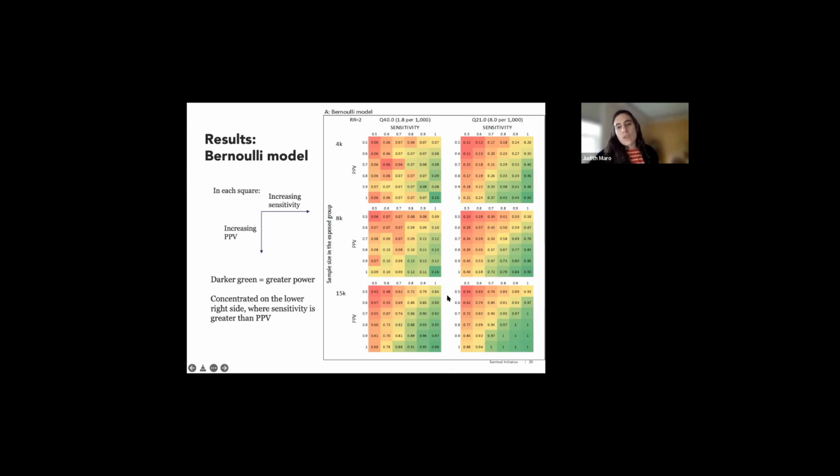So then what we want to think about is, okay, when we start to degrade sensitivity, so we move leftward here, or we start to degrade positive predictive value, where are we having more losses? Where are we more concerned for our loss in power? While they're not too far away from each other, in the sense that there's not a hugely clear winner, we do tend to believe that we're keeping our power a little bit better when we keep our sensitivity high.